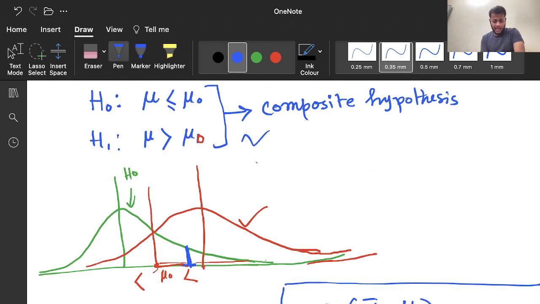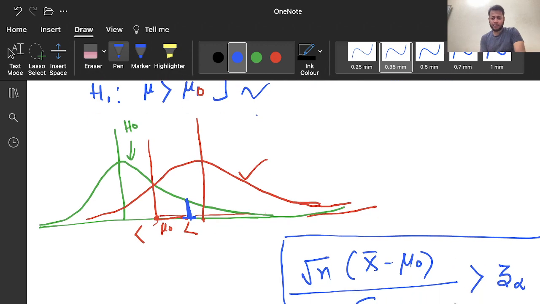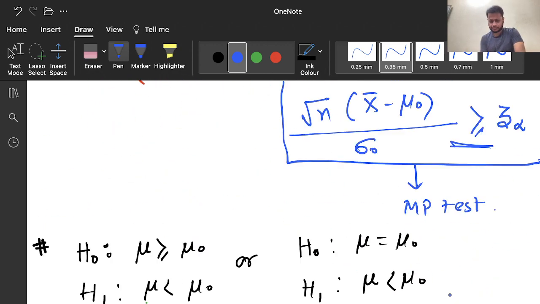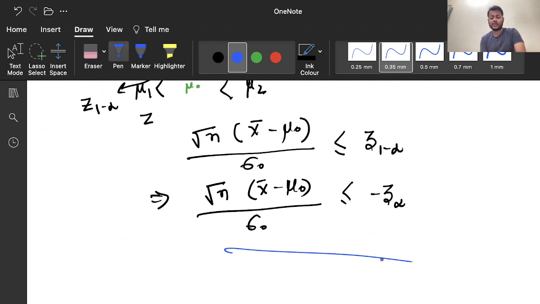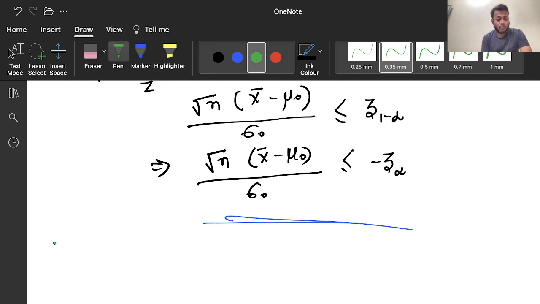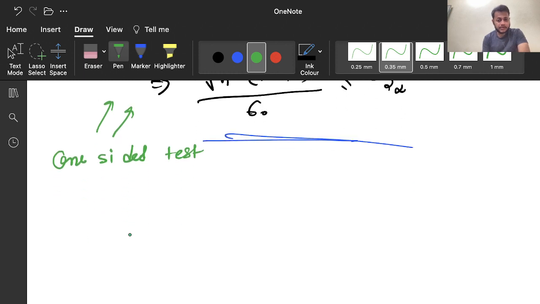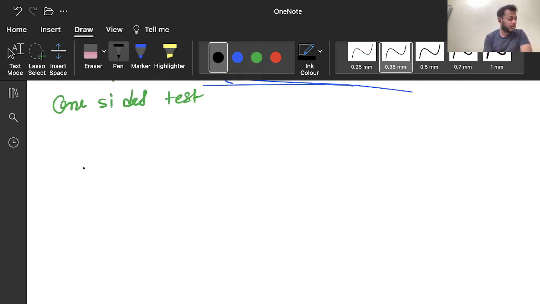In this case on the upper side, and in this case on the lower side. So we only deal with one side of the distribution. So these two tests are called one-sided tests. Now let's see a two-sided test.